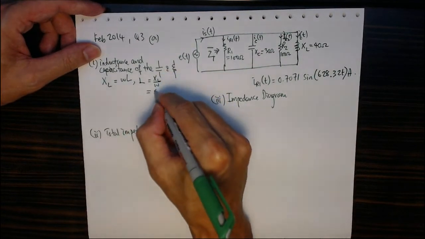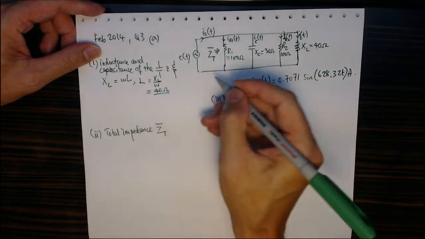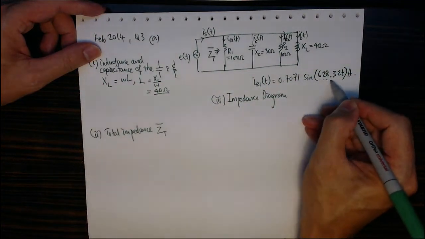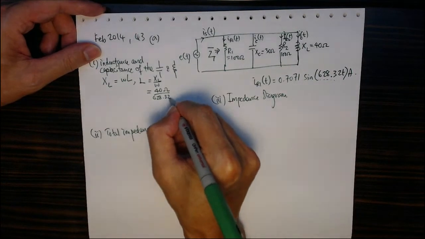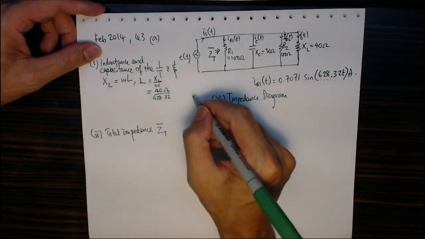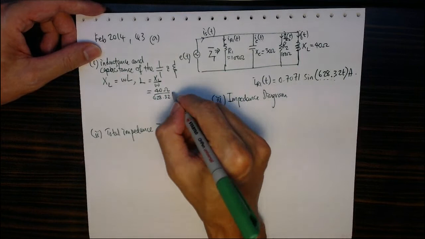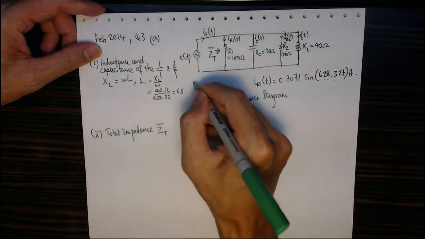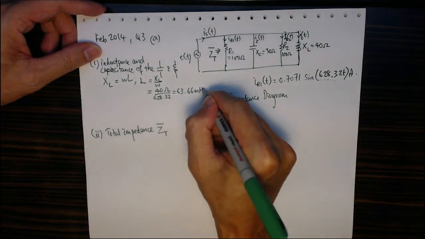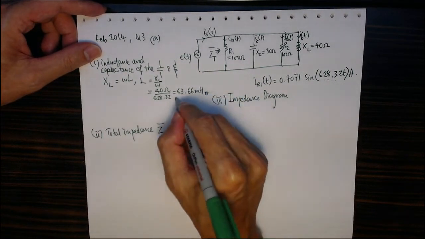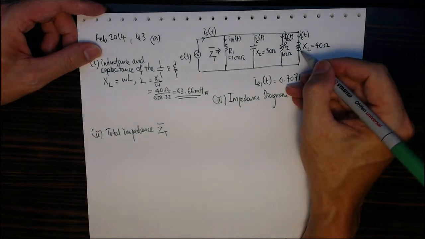That's equal to 40 ohms divided by omega. Omega is given here, 628.32 radians per second. And that gives me a value of 63.66 millihenry. That's the inductance value here.